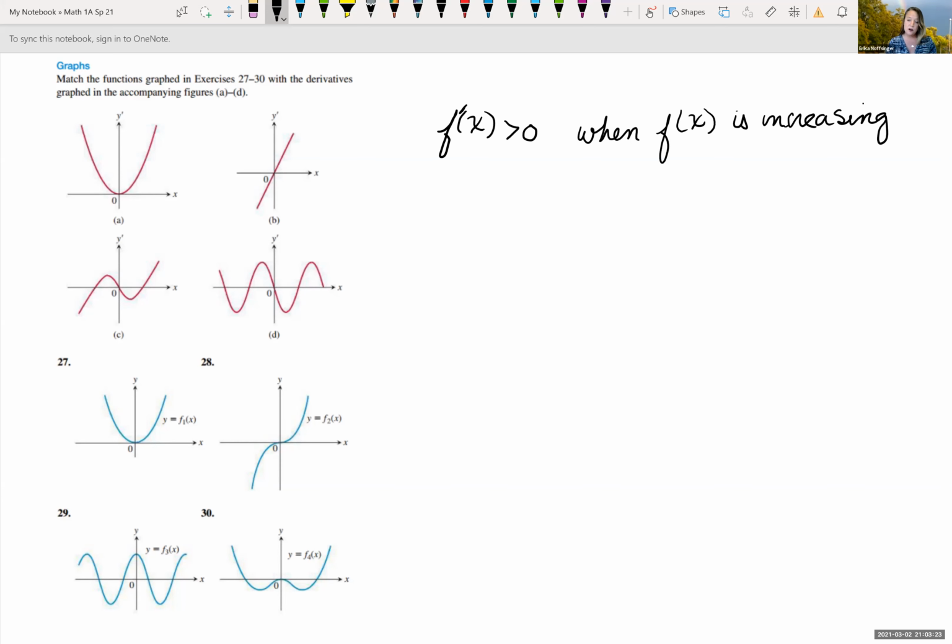So if we could go on our function and find all the places, what x values, the function is increasing, if our f prime of x is bigger than 0, then we know that our derivative function has to be above the x-axis here. So the graph of f prime of x is above the x-axis because it's positive.